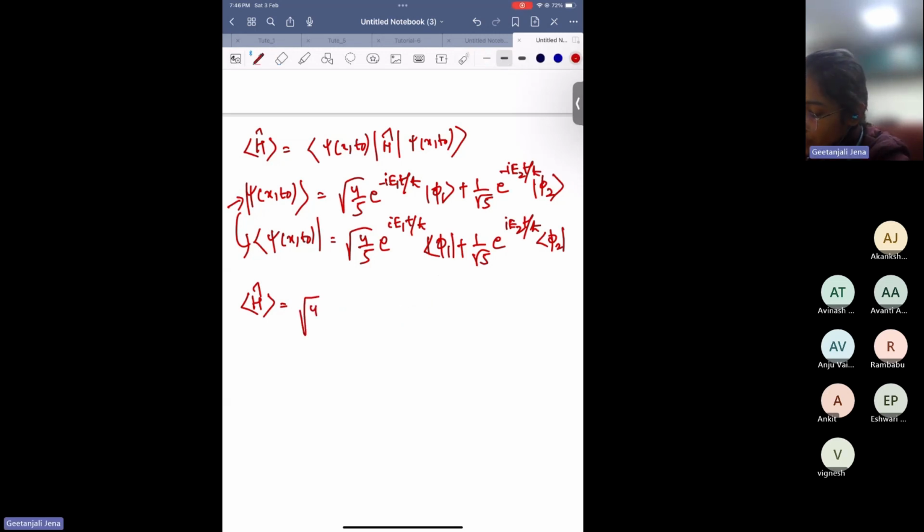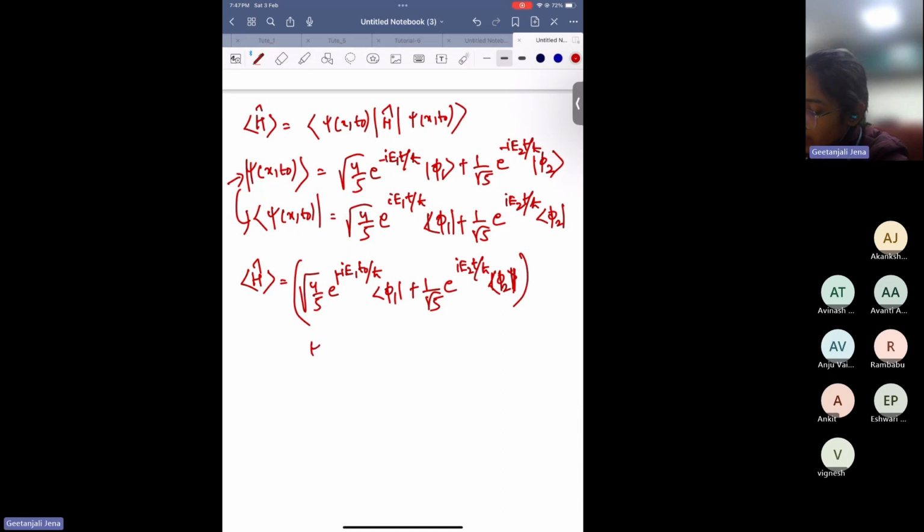Root over 4 by 5 e to the power plus i E1 t0 by h cut phi 1 plus 1 by root over 5 e to the power i E2 t0 by h cut phi 2. This one, and there is a Hamiltonian operator.